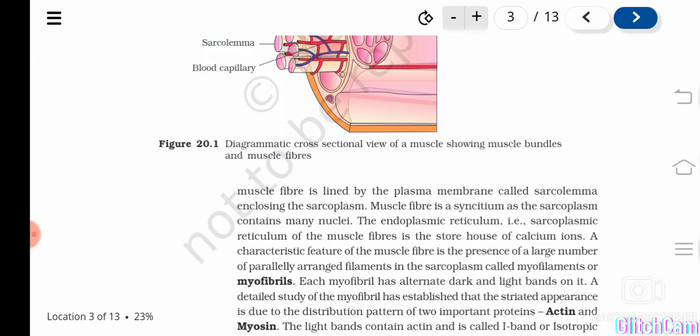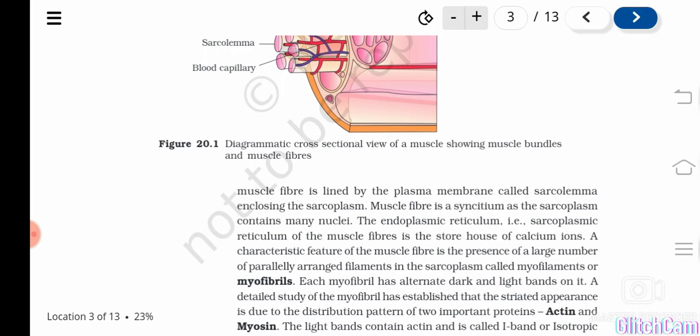So they also form a syncytium. What is a syncytium? A cell with a number of nuclei. In the cytoplasm there is endoplasmic reticulum, as it is an animal cell. We call it by a special name, sarcoplasmic reticulum, because it plays an important role in the functioning of muscles, and it stores calcium ions.